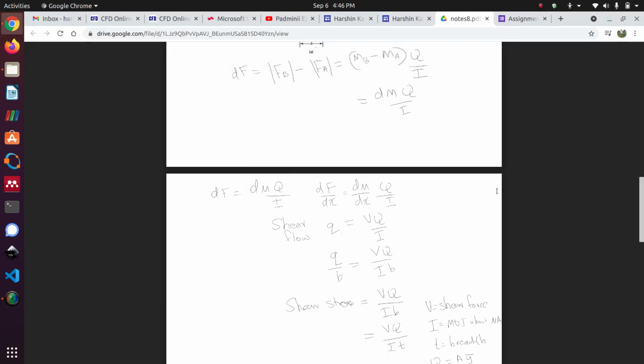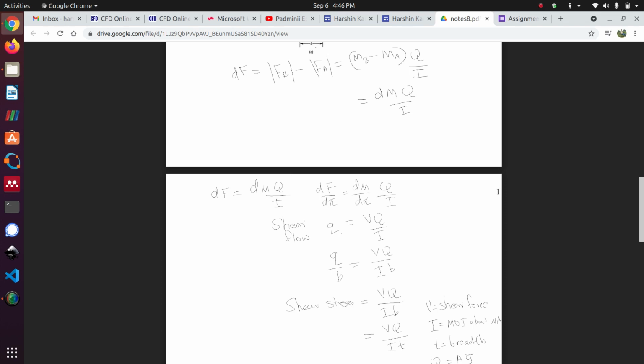In the previous class we talked about shear stress in beam bending, or the related idea, shear flow in beam bending.